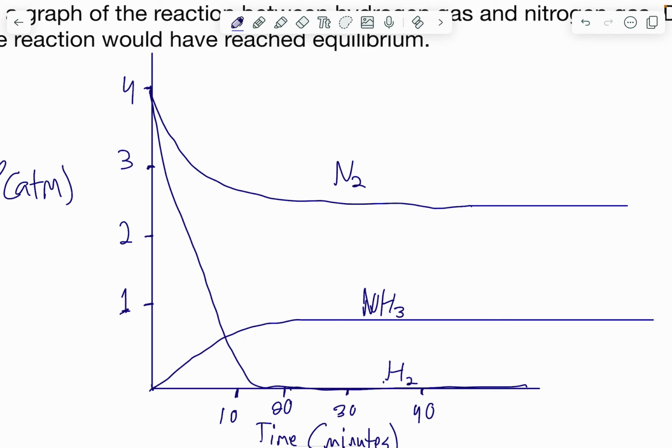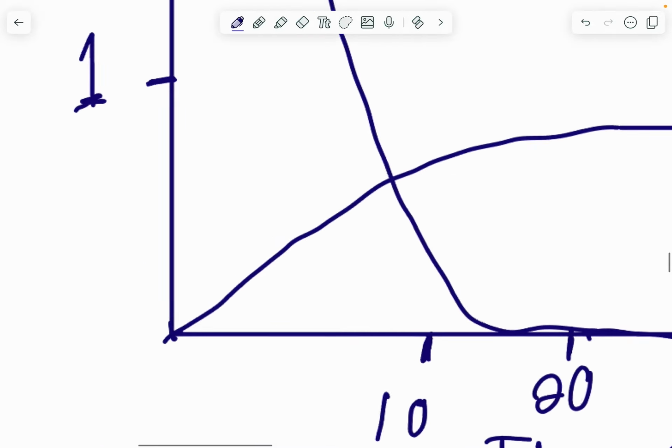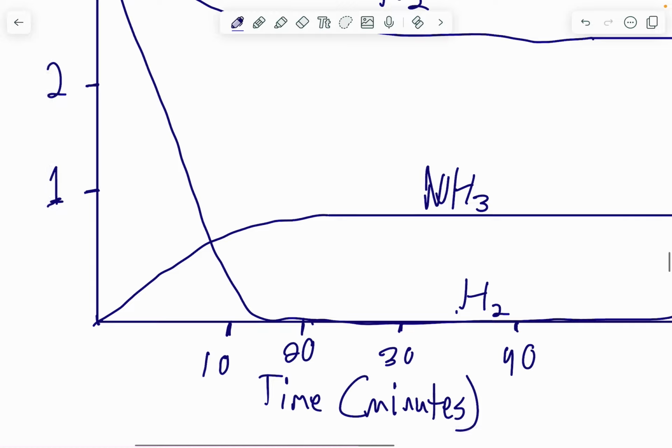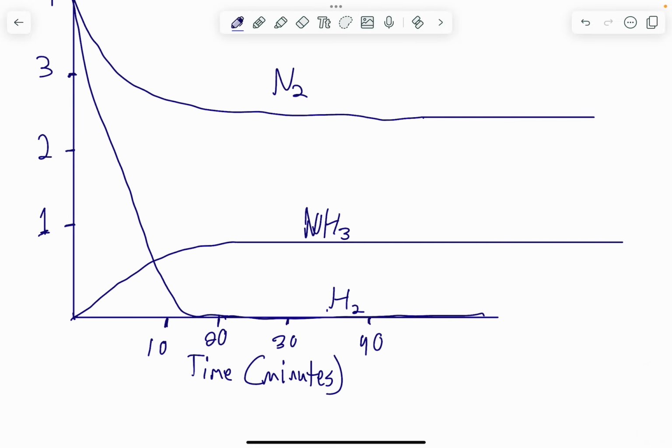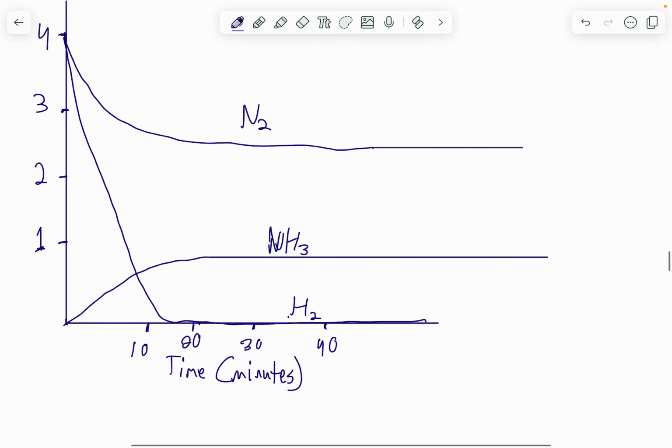The pressure of the nitrogen and hydrogen gas is very high at the start, and then we have no pressure coming from the ammonia. As the reaction progresses, it's going to change, even though nitrogen gas is the most at equilibrium. And we see that there is no hydrogen gas.